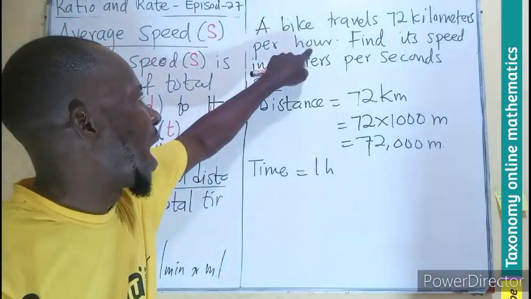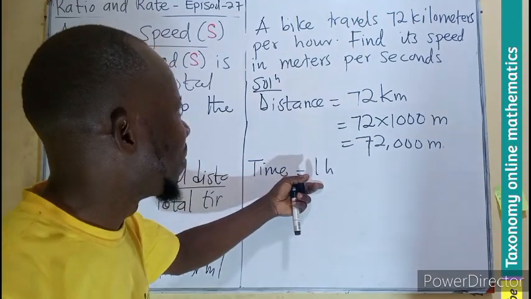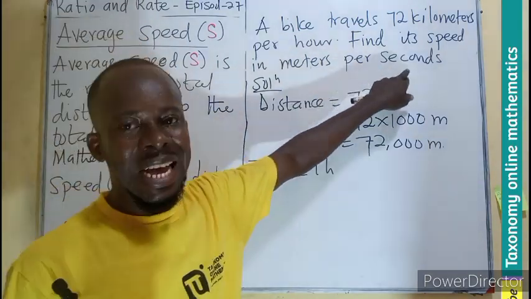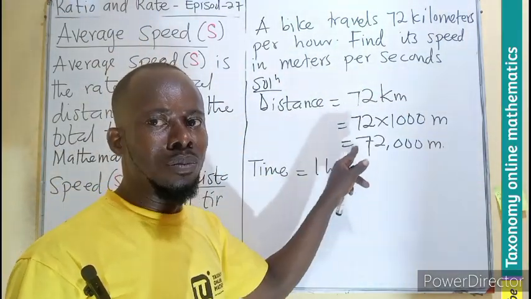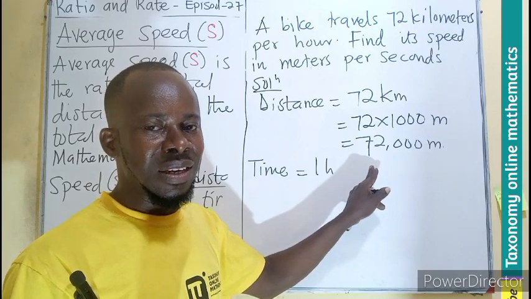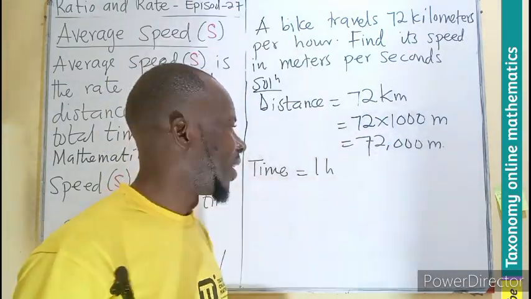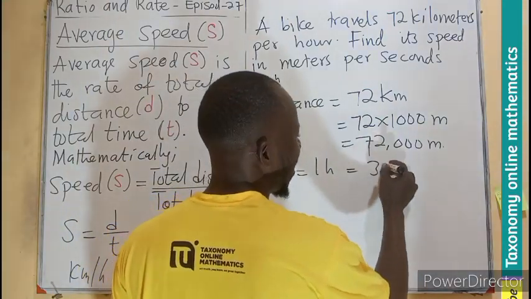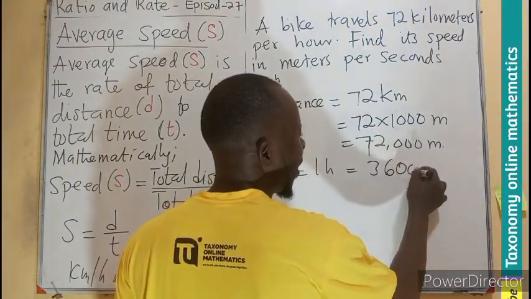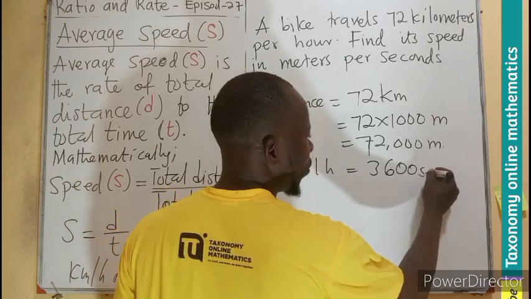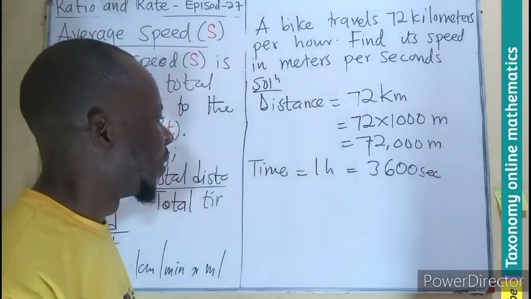Don't forget, per hour, 1. And this hour must be in what? In seconds. So 1 hour into minutes is 60 minutes. So 60 minutes into seconds will be 60 times 60. And that will give us 3,600 seconds. Let me use this for the calculation.